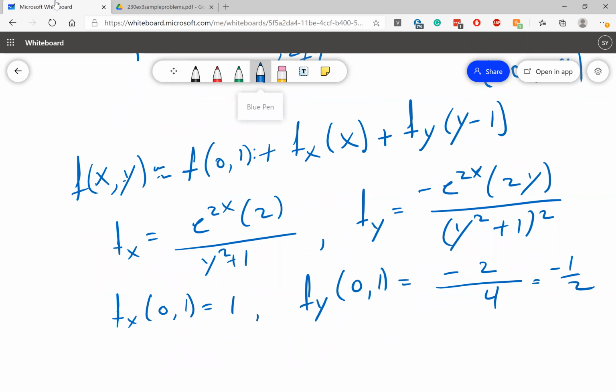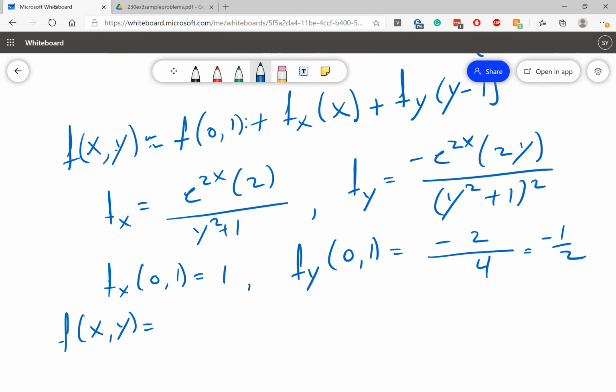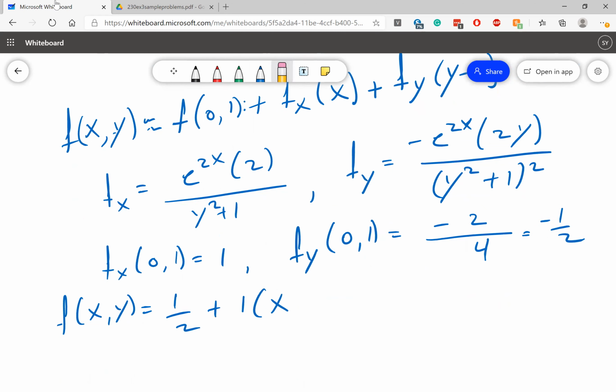Okay, so then f at (x, y) is approximately f at (0, 1), which is 1/2, plus 1 times x minus 0, so x, plus minus 1/2 times y minus 1.